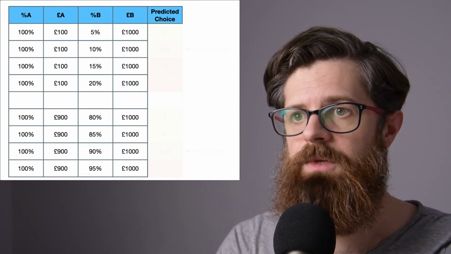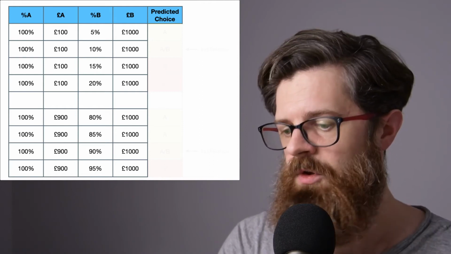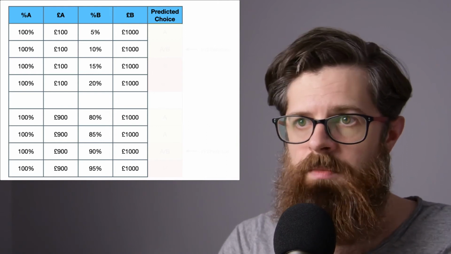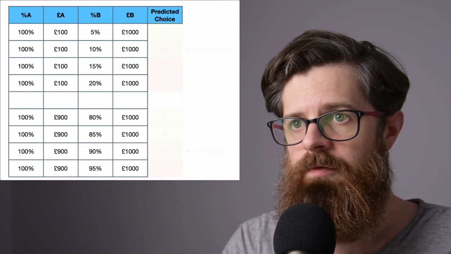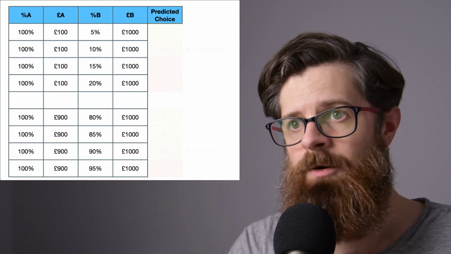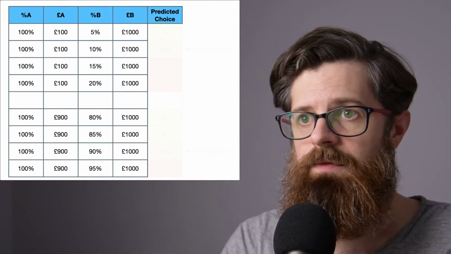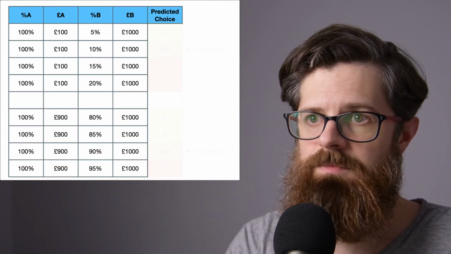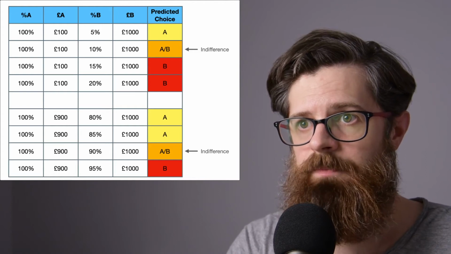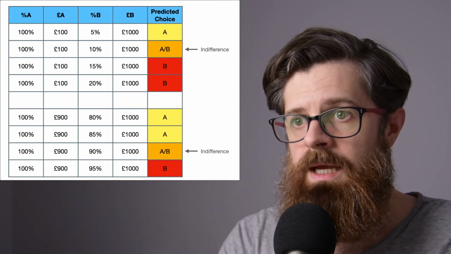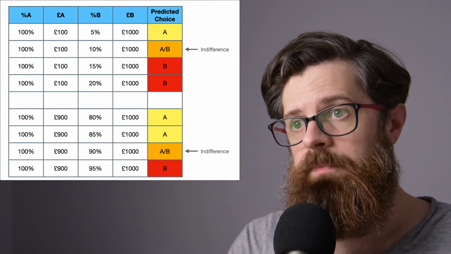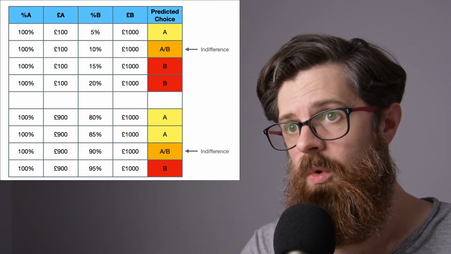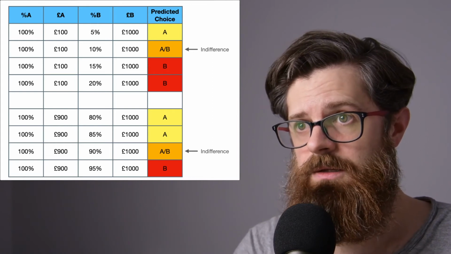And so you could imagine if your goal was to work out, do people act in this way? What you might want to do is to create a series of predictions of how people should behave if they are maximizing their expected value. And so what we can see is that if the probability of getting the larger rewards here, let's just look at the top line.